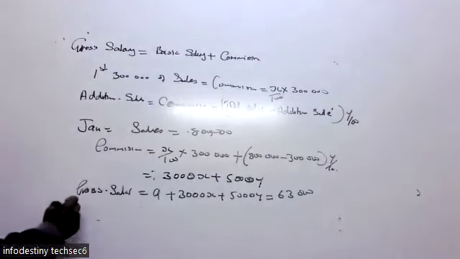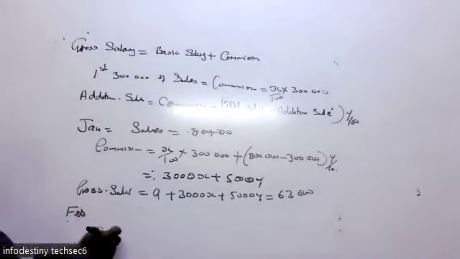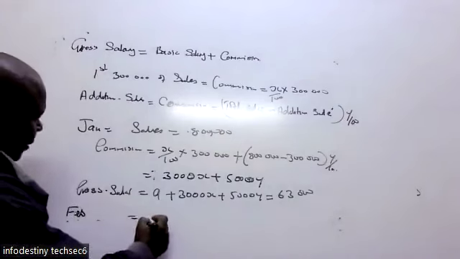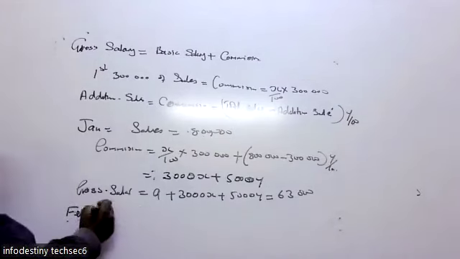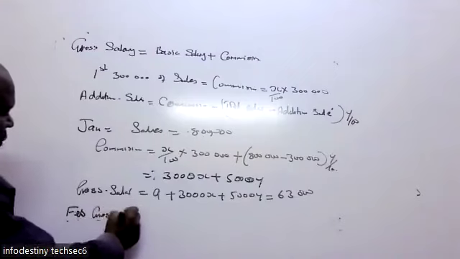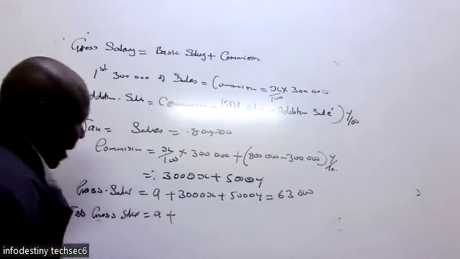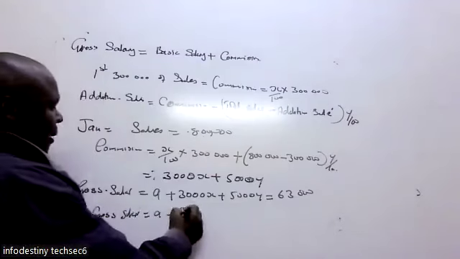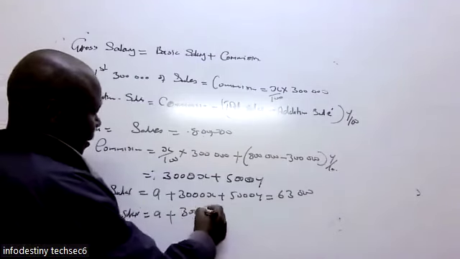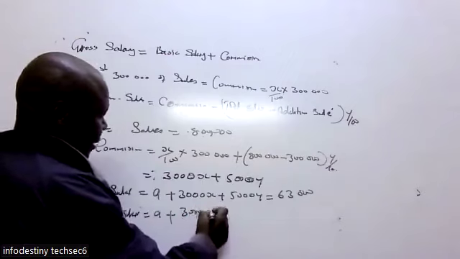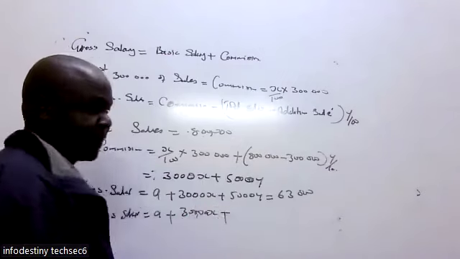So we go to February. February gross salary will be equal to A plus 3,000x plus what?